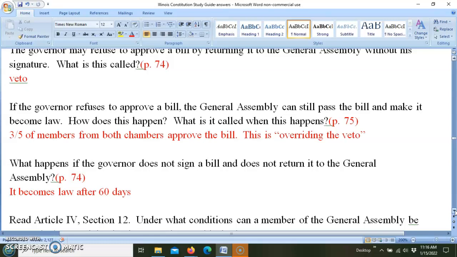So, in most cases, the governor is going to go ahead and either sign it and make it a law, or he'll refuse to sign it and give it an official veto. There are occasions, though, when the governor may decide that he doesn't want to approve this bill. He doesn't want it to be law, but rather than suffer the humiliation of having his veto overridden, he'll just sit on it and not do anything with it, and then in 60 days it becomes law.